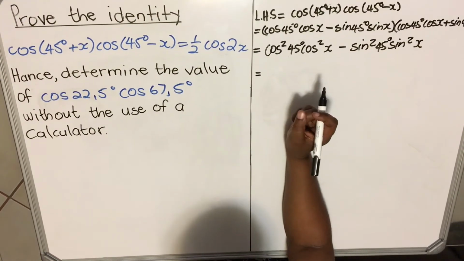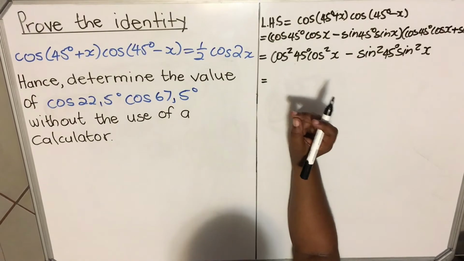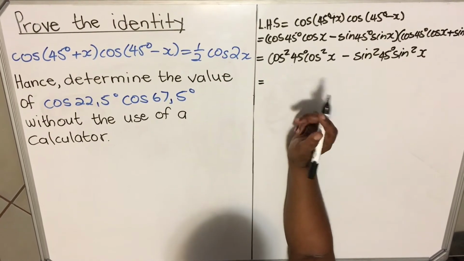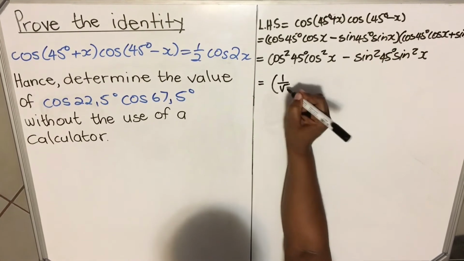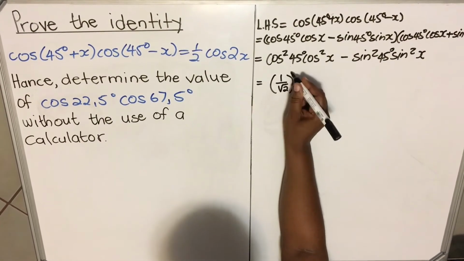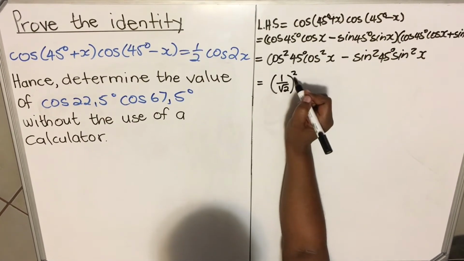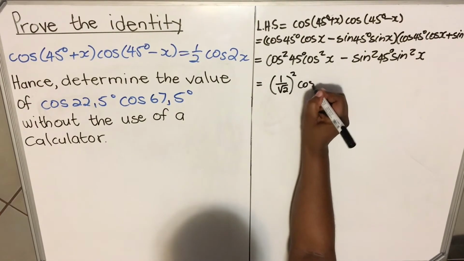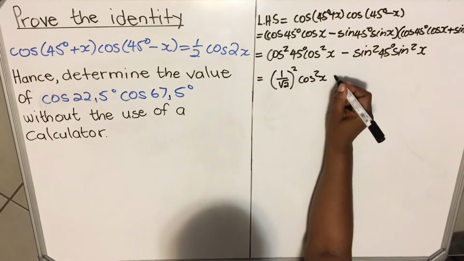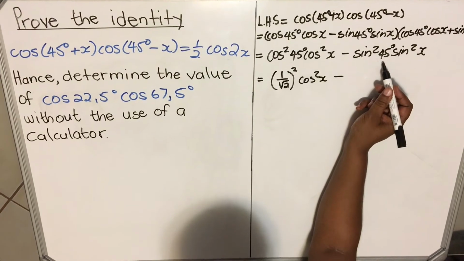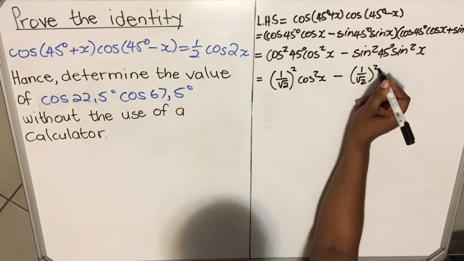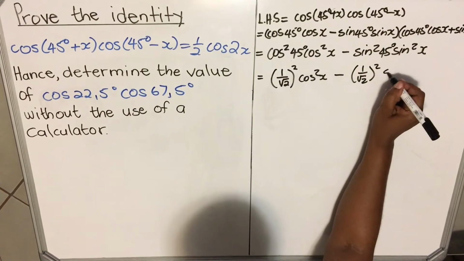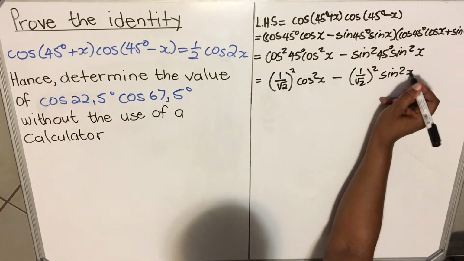But you remember in the question paper they say do not use a calculator. So when you get root 2 over 2, you actually write it as 1 over root 2. But because the ratio was squared, you square that, and cos² x. Then sin 45 is also 1 over root 2, and you square it because the ratio was squared, and then sin² x.